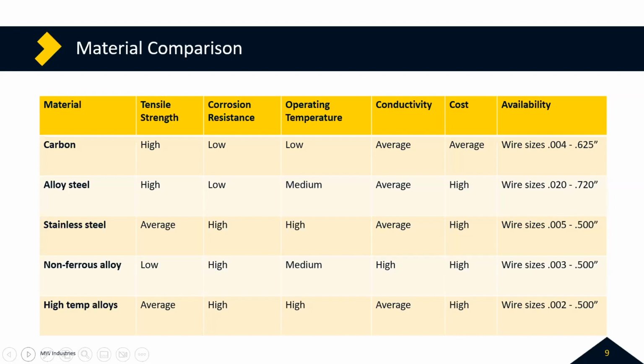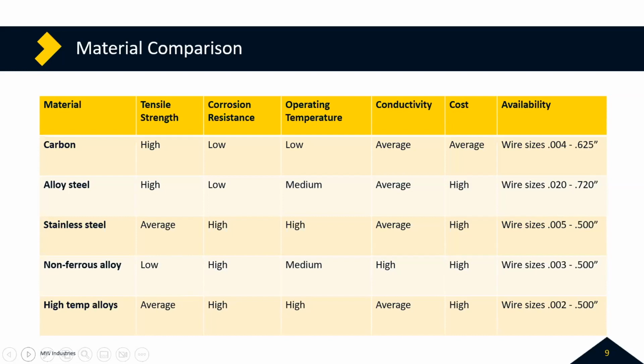Your stainless steels have an average tensile strength, but the advantage over a carbon steel is very good corrosion resistance. They're much better when it comes to higher temperatures. They have average conductivity, and the cost is high. Then we have your non-ferrous alloy category, which is low on the tensile range, much lower than your carbon steels, but they're very high in corrosion resistance due to their high copper content.